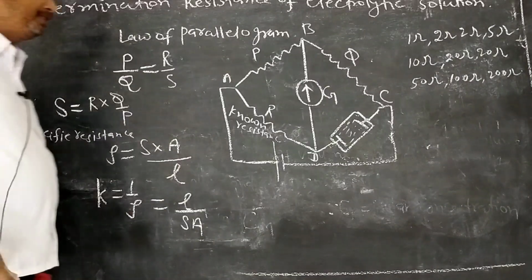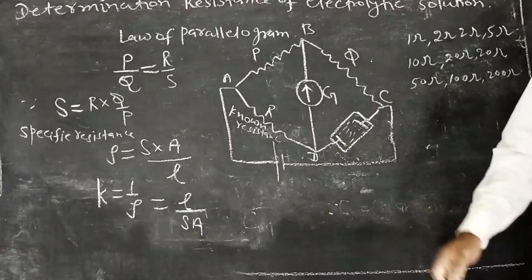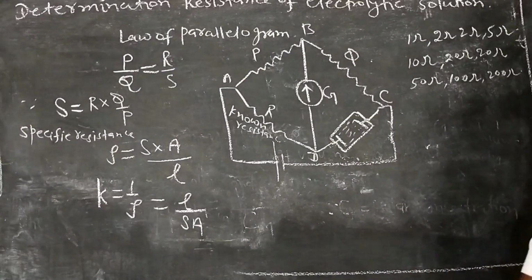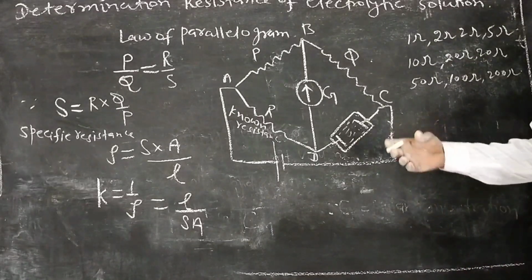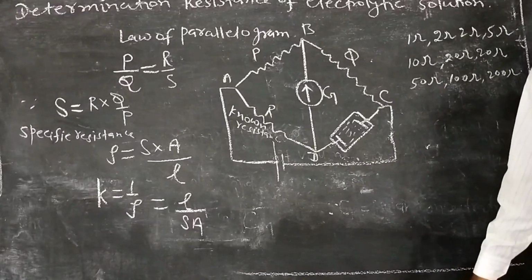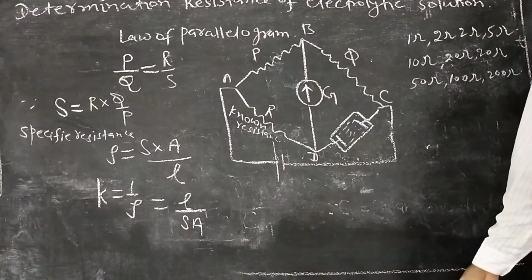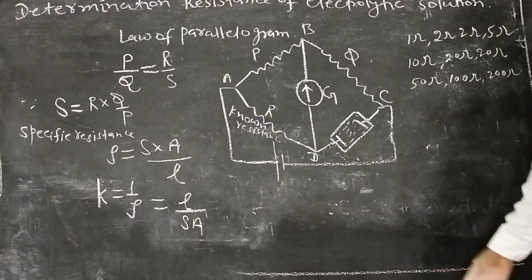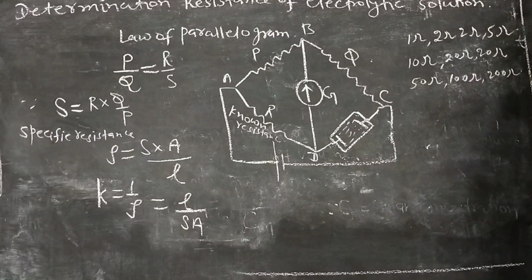On the basis of this, we may find more easily the resistance of electrolytic solution or resistance of electrolytic cell, specific resistance of that electrolytic solution, and at last conductivity of that electrolytic solution.